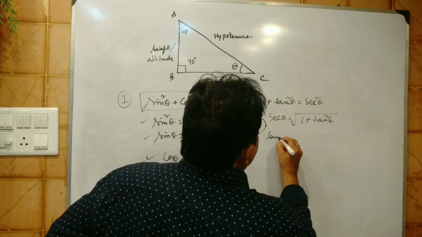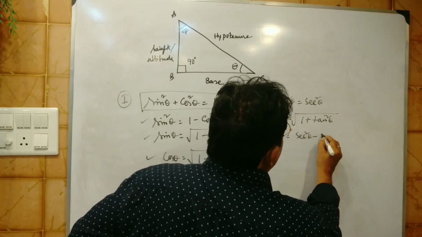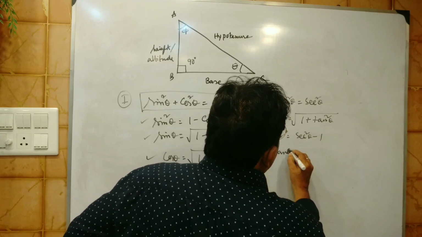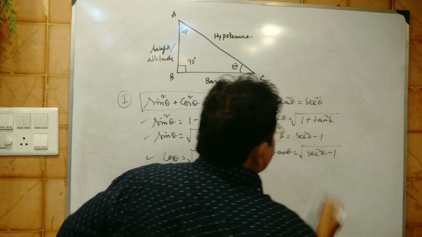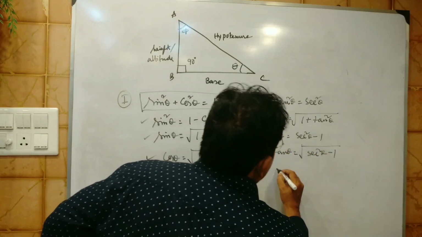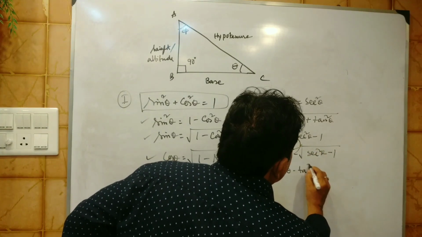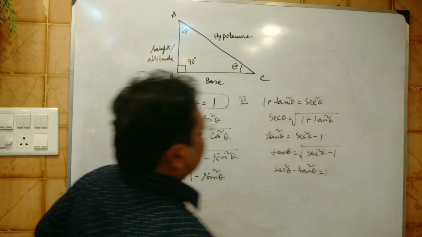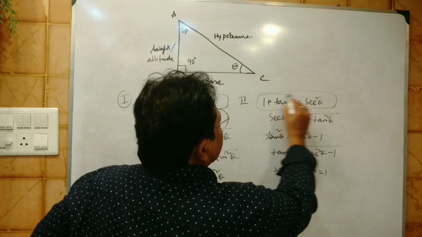And tan square theta is equal to sec square theta minus 1, so tan theta is equal to root over sec square theta minus 1. And sec square theta minus tan square theta is equal to 1. This is the main identity.